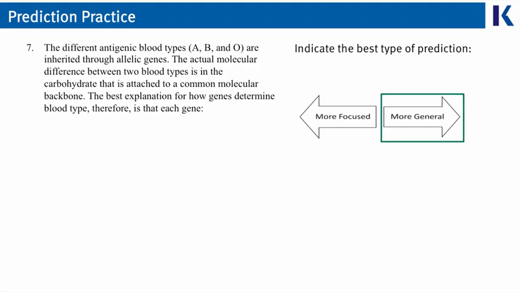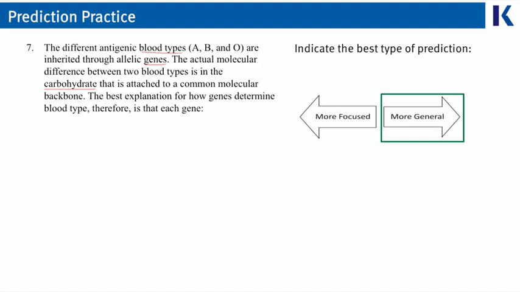Again, we'll use the elimination strategy here, but it's important to discern what exactly we'll be looking for in those answer choices to help us eliminate incorrect answer choices and arrive at the correct one. The question stem tells us that the different blood types are actually heritable through genes, but that the difference between blood types is not a difference in DNA or protein, but actually a difference in carbohydrate that's attached to a common molecular backbone.